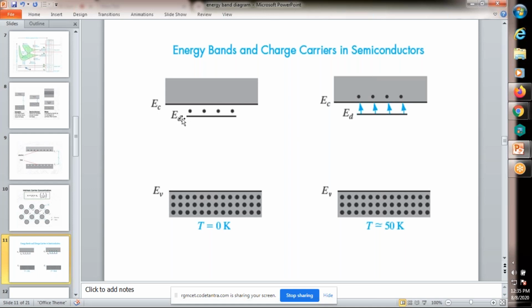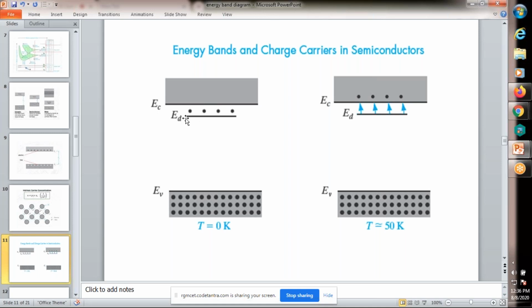By adding donors, what happens? By adding a donor atom like phosphorus or other pentavalent impurities, that is, fifth group elements in the periodic table, to pure silicon, one energy state is created due to the phosphorus atom. This is very close to the conduction band.